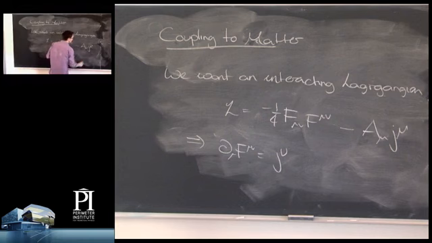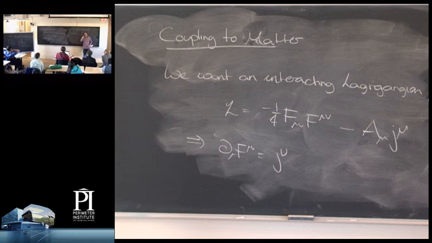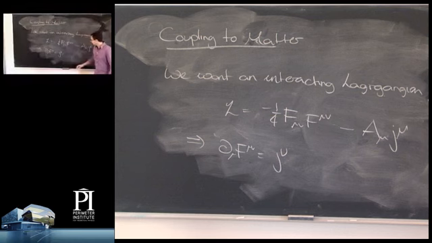If we put something like this here, where this J mu depends on other fields, then the equations of motion are d mu F mu nu equals J nu. But this is exactly Maxwell's equations in the presence of sources. This J nu is usually called a current in that case. If you're not familiar with this, this is an ansatz for the interactions, and this is what we get.